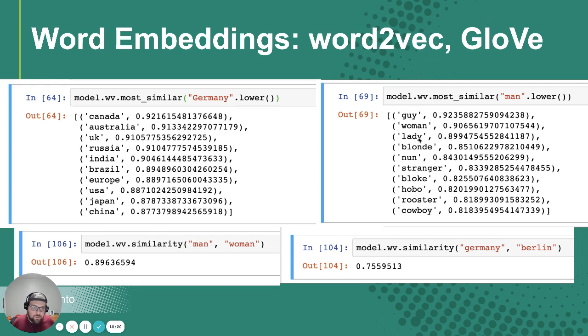You see how these words are conceptually very similar. These are all countries. These are all things that have to do with gender, how you address people. And again, this is just pulling from the corpus, so that's within the context of that corpus of jokes.